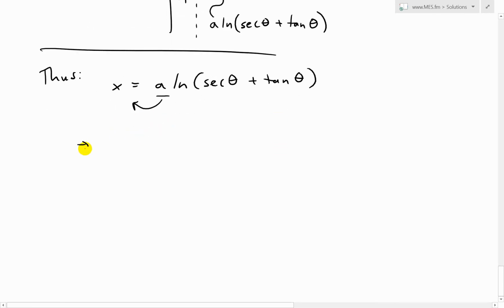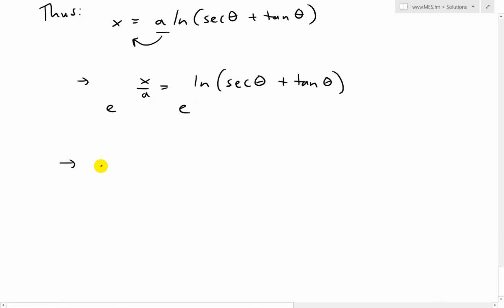So we have x over a equals ln of secant theta plus tan theta, and then take e to both sides so we could cancel these lns out. So e to the x over a equals secant theta plus tan theta.